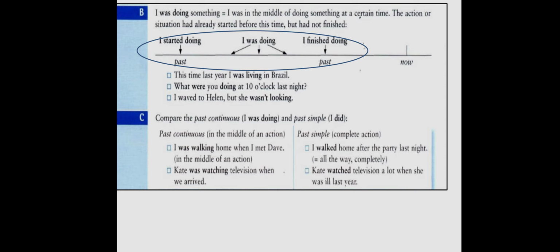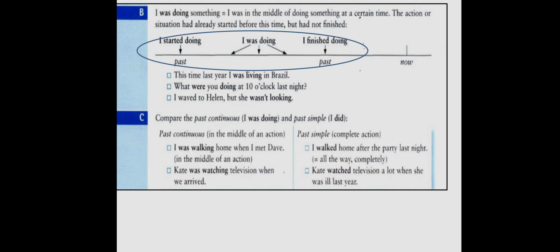I was doing at 5 o'clock. So we say I was teaching English grammar yesterday at 5 o'clock. So it expresses an action in the middle of doing it at a certain point in the past.